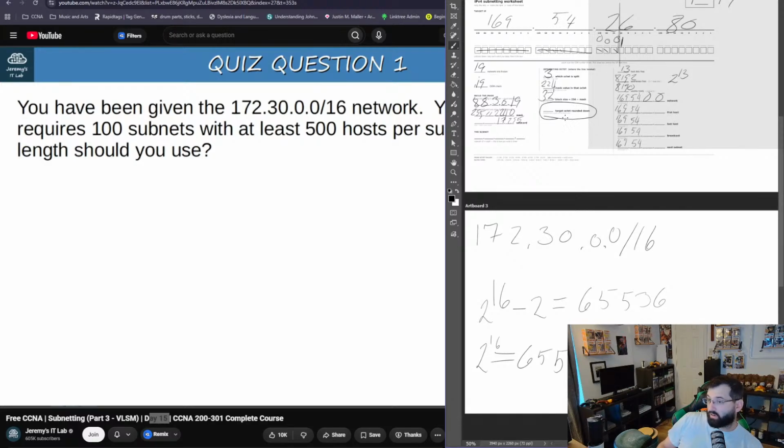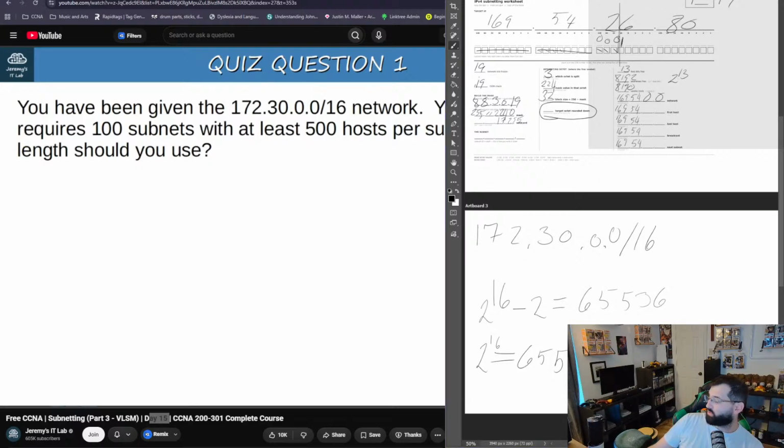So then we need to figure out the block size of what this 16 is, because we know that we definitely have more than enough. So what we really need is to figure out how to get this number as close to 500 as possible.